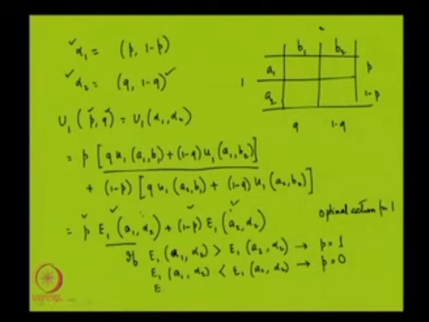If they are equal, then it does not matter, this value is equal to this value. So, it does not matter what value of P player 1 assigns, the total value of U 1 remains the same at each of these values. So, in that case P can take any value between 0 and 1.